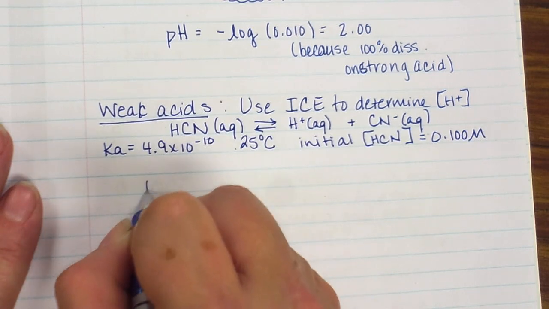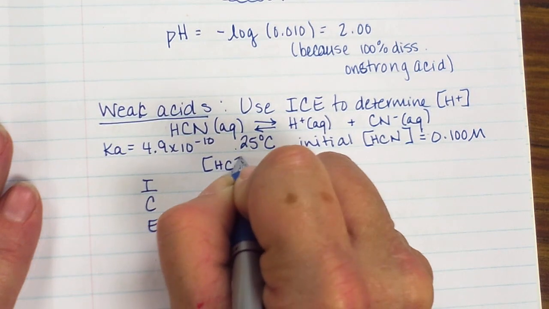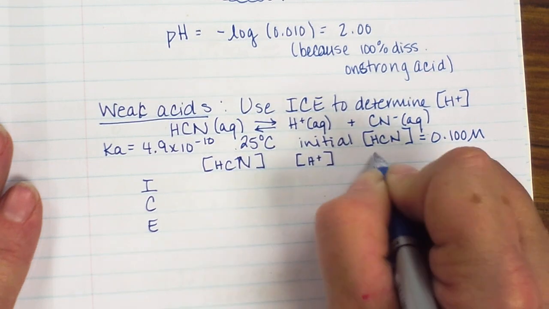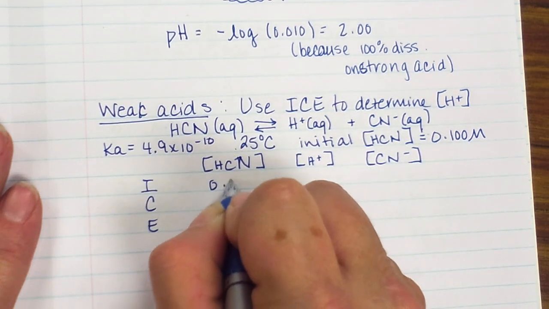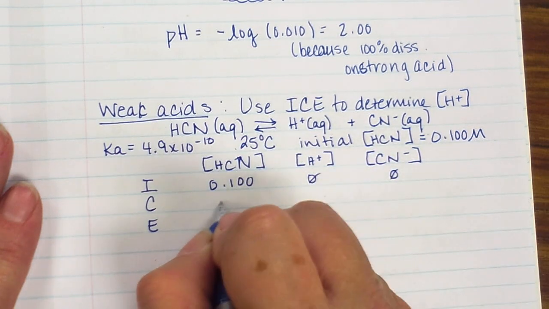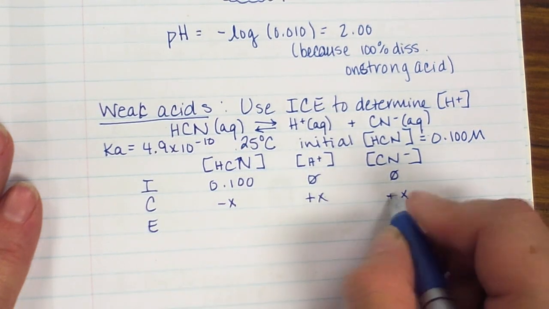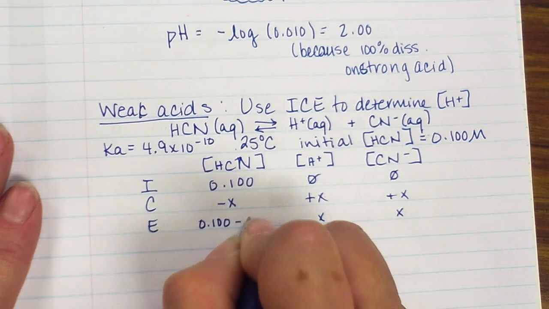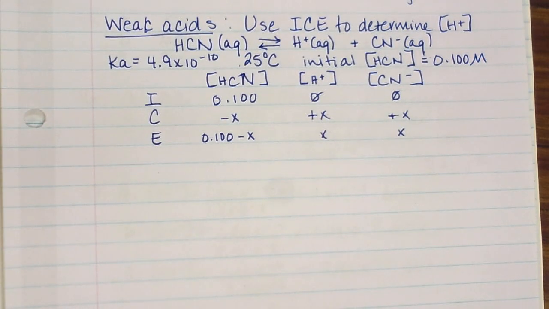So I'm going to set up my ice table. Now I'm going to use my Ka.